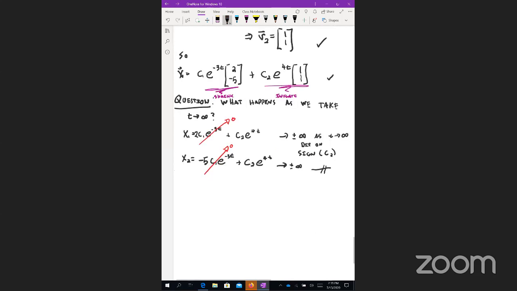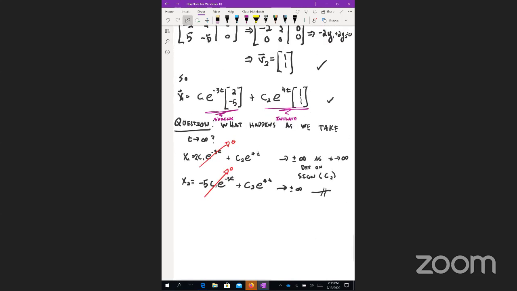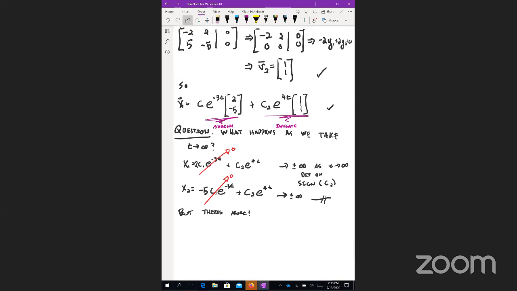But something kind of interesting happens as well. So yes, it is true that both of these go to infinity, right? But they both sort of go to infinity together. In fact, if you look here, in this specific example, they both go to infinity at exactly the same rate, right?